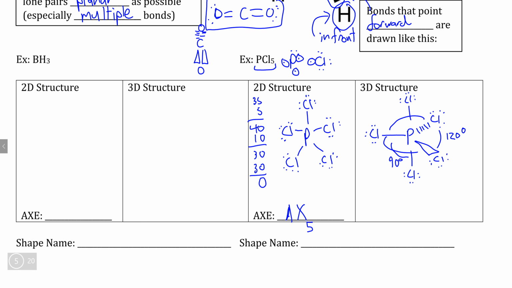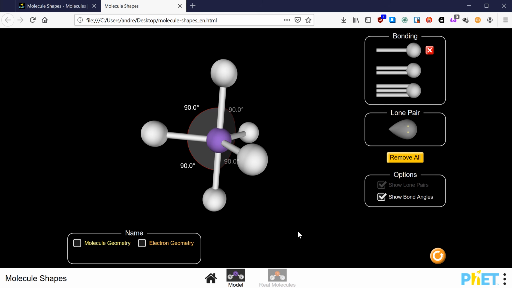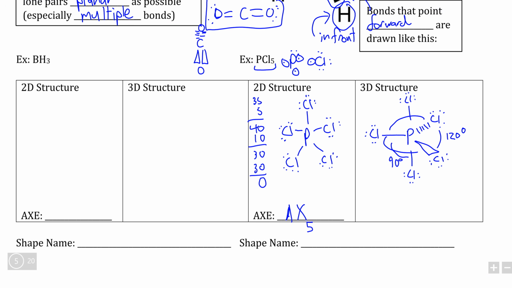Finally, you can also use the molecular shape simulator in order to find out what the shape name is. If you click on molecule geometry, you can find the name of this shape as what we call trigonal bipyramidal. That means that basically you can draw two pyramids, one up top with a triangular base and one on the bottom with a triangular base like this.